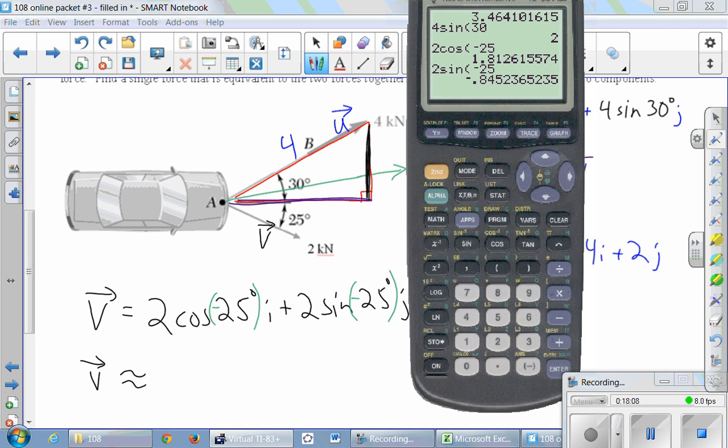So v is approximately 1.8126i minus 0.8452j.